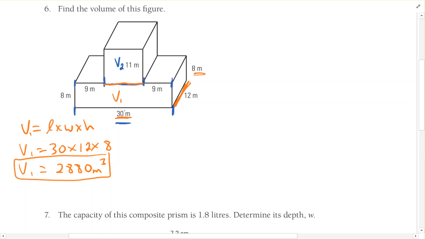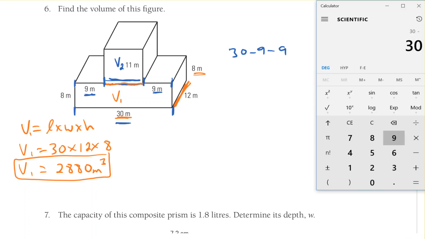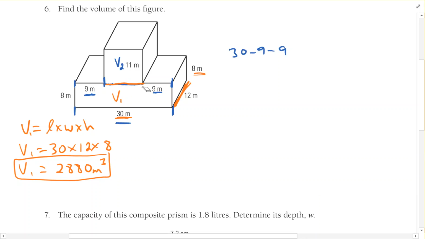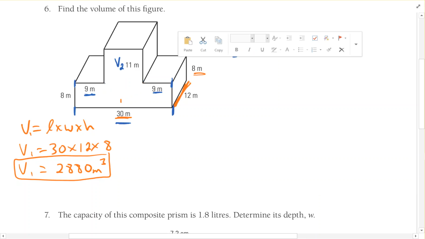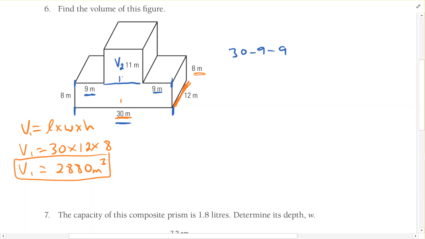So if I go 30 minus 9 is 21, and then minus 9 again, I'm left with 12. So from here to here is 12.